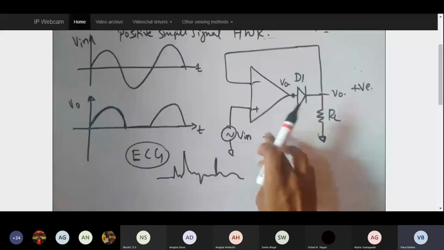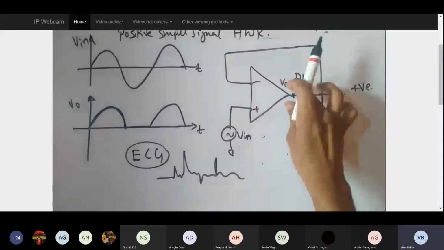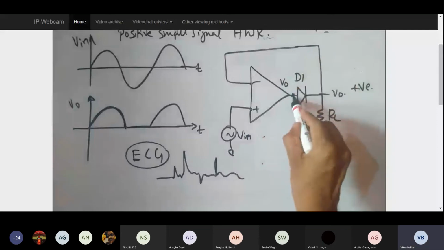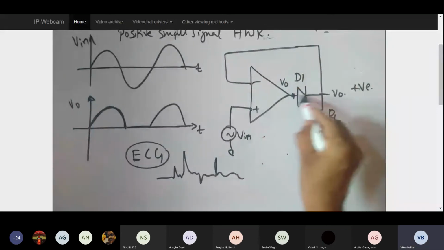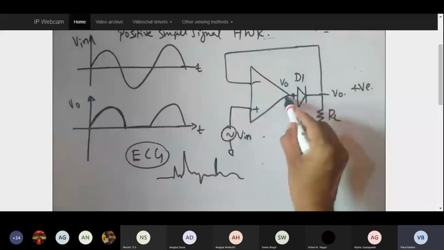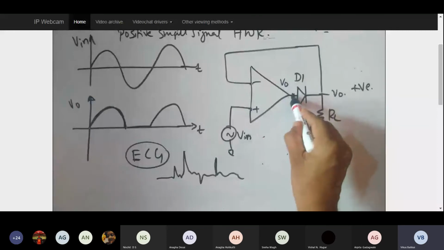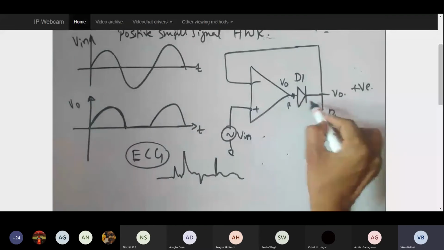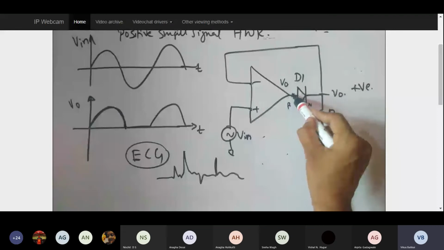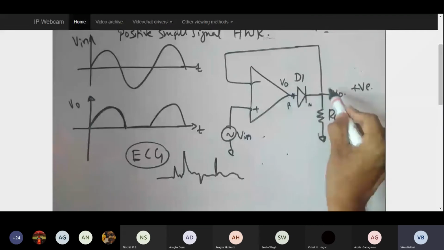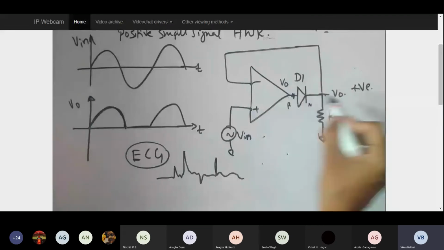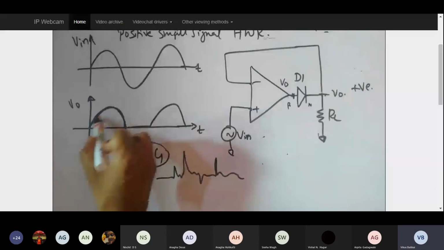So the moment my output is over here, what is going to happen? This diode is forward biased. Once this diode is forward biased, I am going to get the entire signal that is there at the P side of the diode sent to the N side of the diode. My output will be exactly the same as your input.